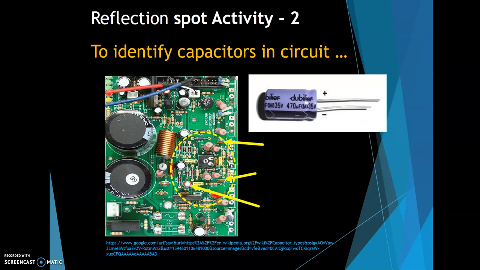With this basic introduction to capacitors, I would like to now proceed with a simple activity. Pick up a printed circuit board or electric circuit board of any discarded electrical or electronic gadget at your home. Look for whether you can identify a capacitor in that circuit. Pick one of the capacitors and take a closer look at it. Note down the specification of the device.